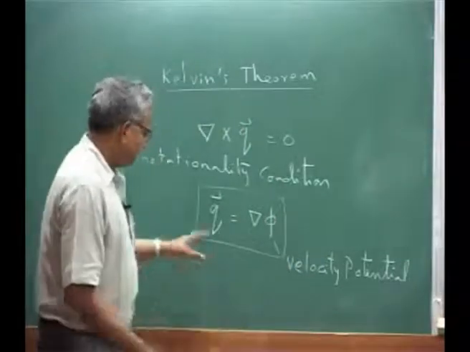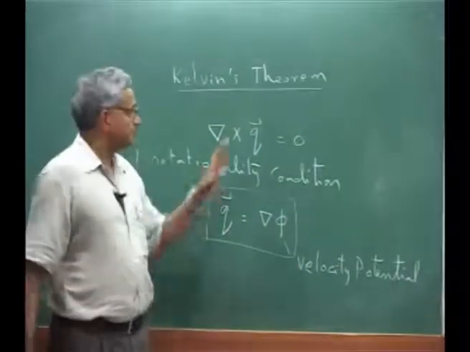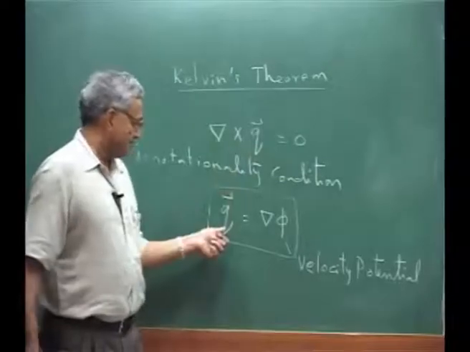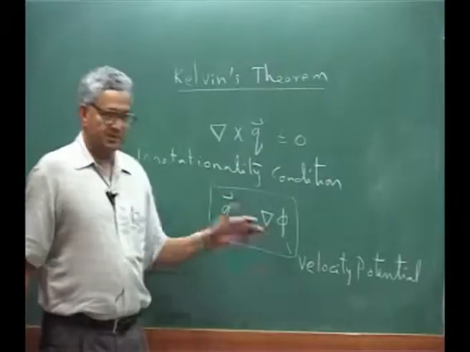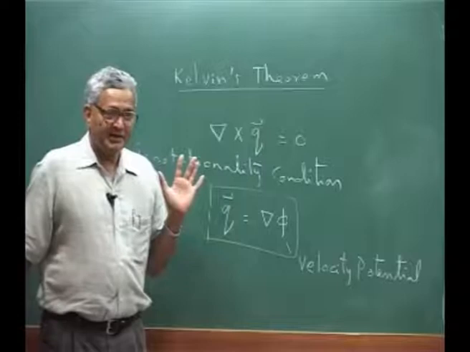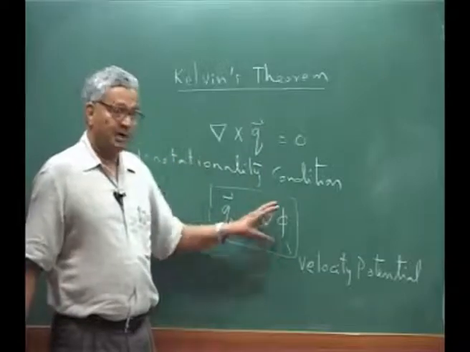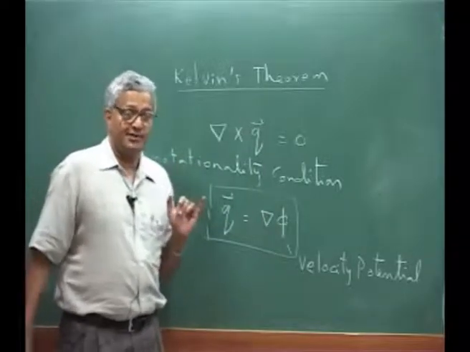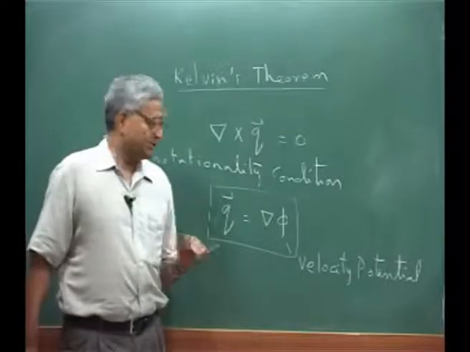The key conclusion of all this is that velocity is the gradient of a potential. Now I have to develop an equation for the potential.